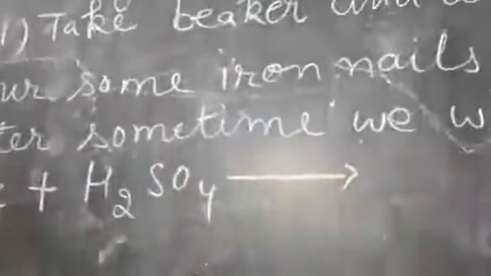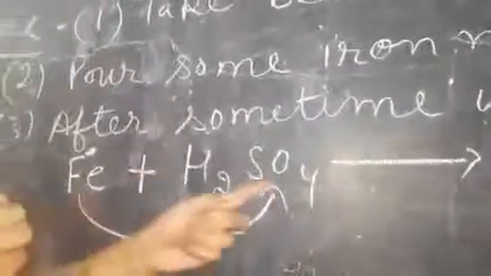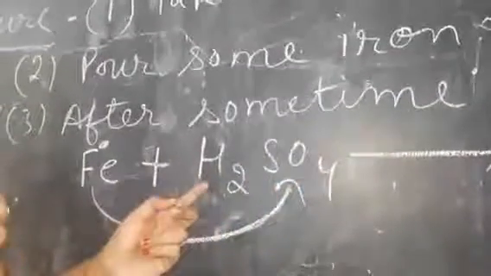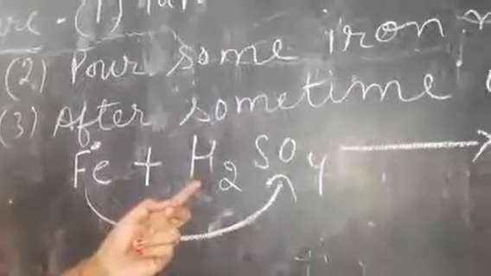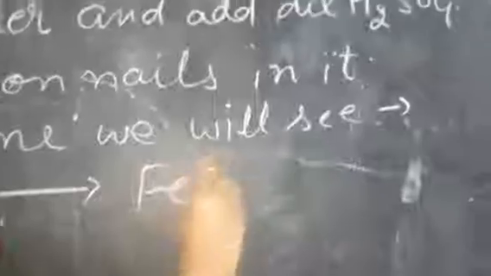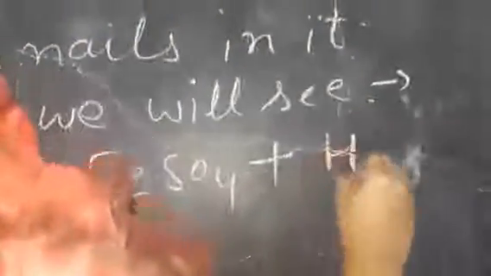What will happen? Iron combines with sulfate and hydrogen gas is evolved. The hydrogen gas comes out and iron sulfate will be obtained. Iron sulfate will be obtained in this reaction and hydrogen gas is evolved.